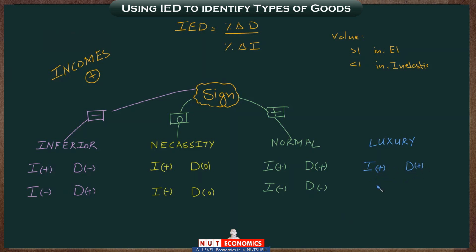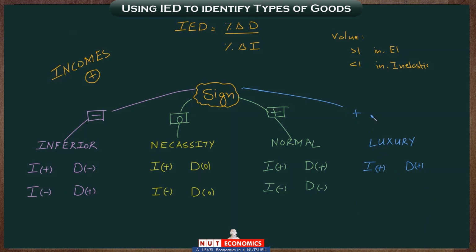If you become richer, if you get an end of year bonus, maybe you will buy more things that you consider luxury. So luxury goods would always have an IED which is positive. Incomes increase, you buy more luxury, positive over positive. So the sign of IED of a luxury good will always be positive.